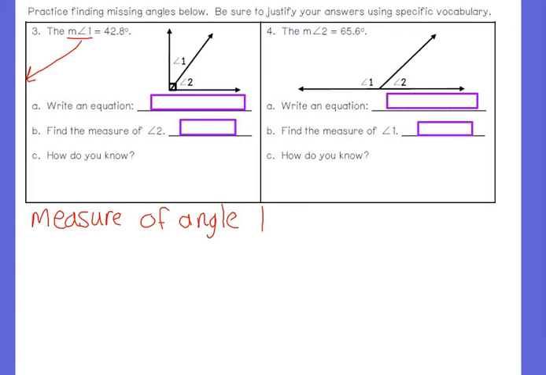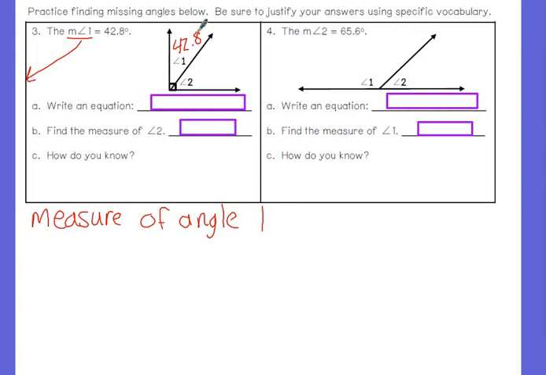Do you have to put m equals, or do you just put the number? I'm not there yet, just hold on. All right, they said the measure of angle 1 equals 42.8, so I know this angle right there is 42.8.